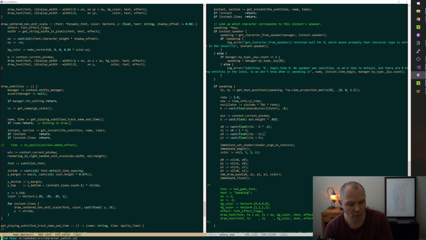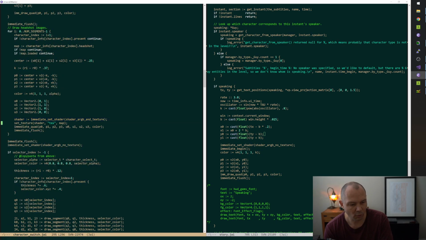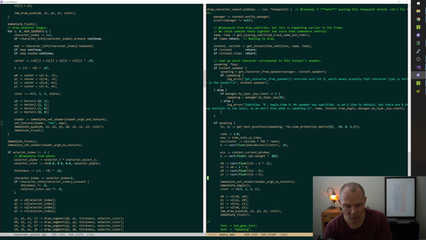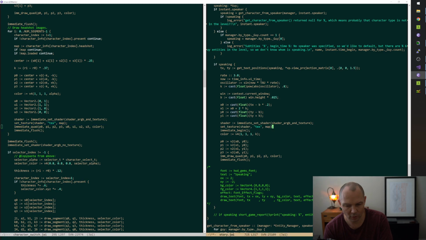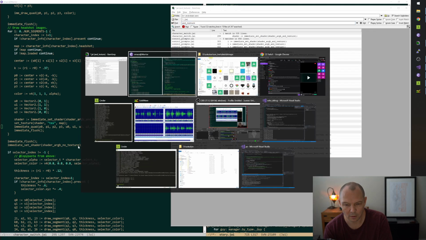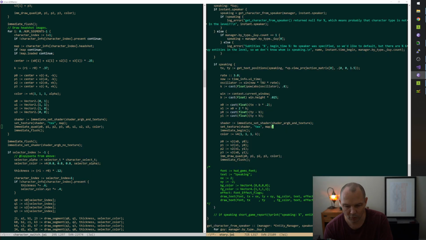In character switch, for example. I just want to make sure, because some conventions around rendering may have changed. So here we say shader, we say set texture on that to be keyboard key.